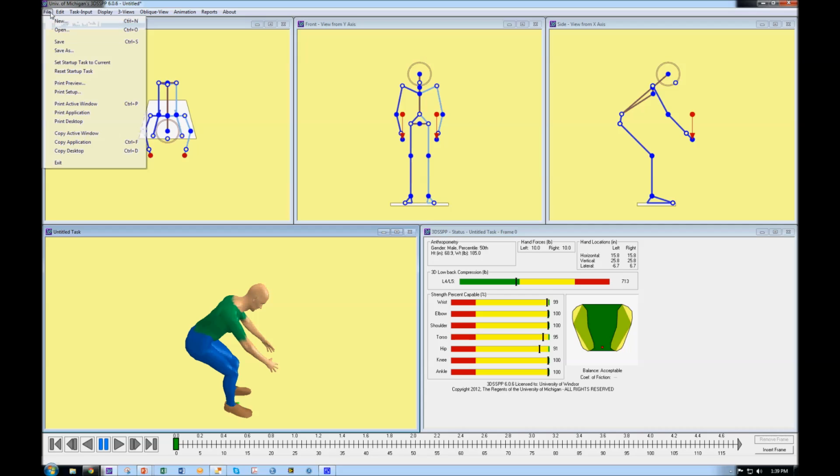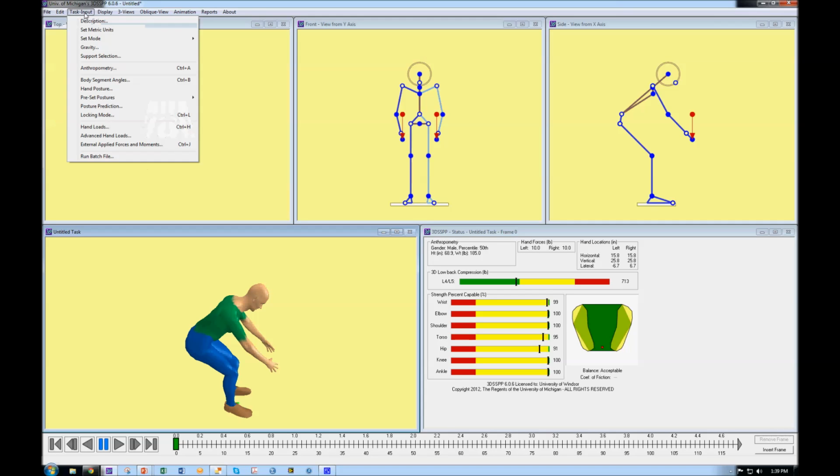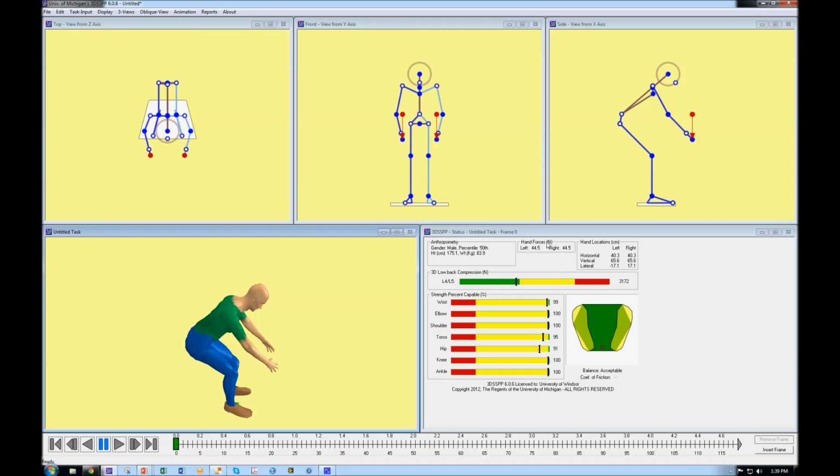Being from Canada or any other part of the world, we will set this to metric units, and you will see that the hand forces now are denoted in newtons and your hand locations in centimeters.